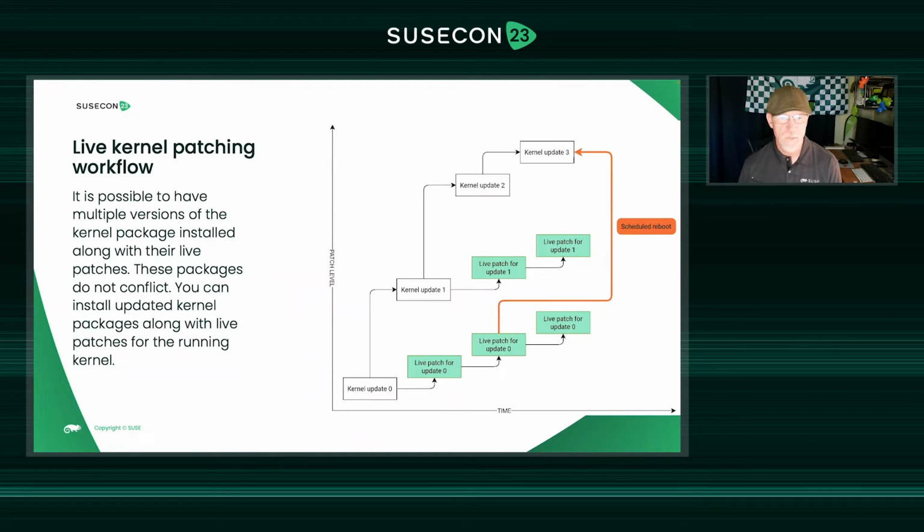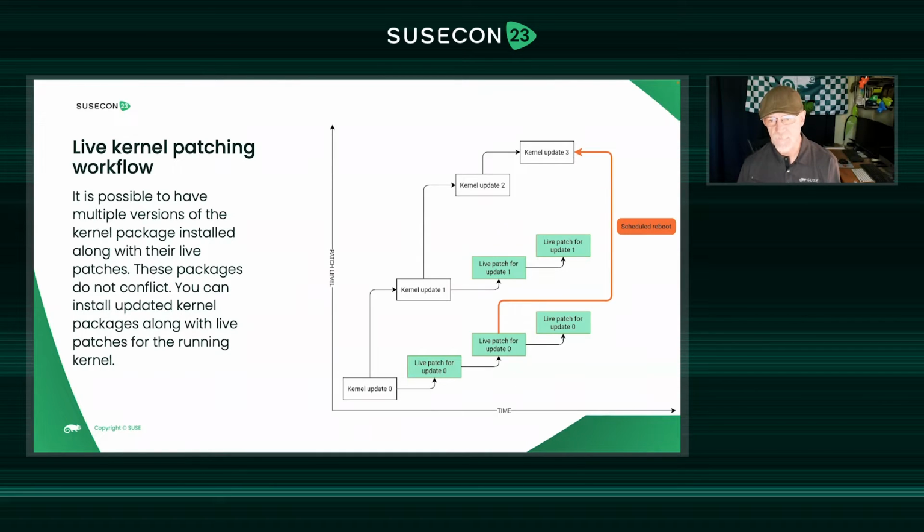You can continue stacking these live patches up on that particular kernel for the life of that kernel. That gives you plenty of time, lots of runway, to schedule the reboot that you will need to do to get to the next major kernel, which is what we're going to talk about today.